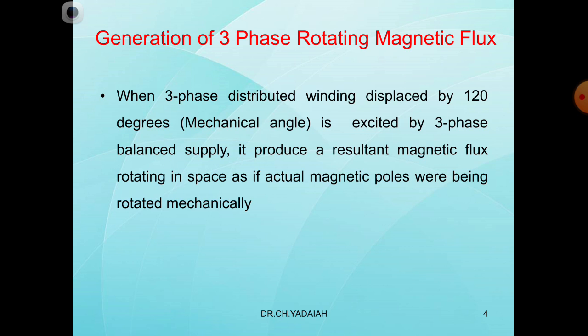In DC motors, the DC supply is required for the poles which are on the stator side, and the armature is on the rotor side.